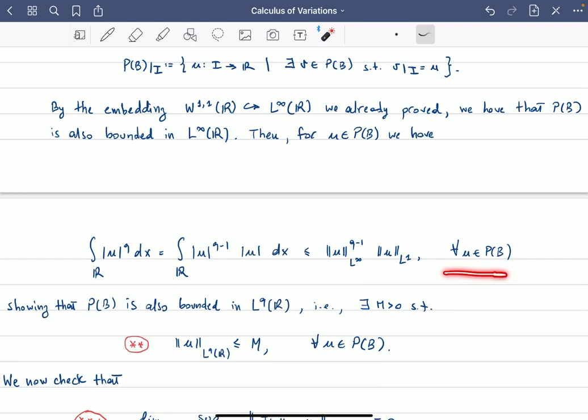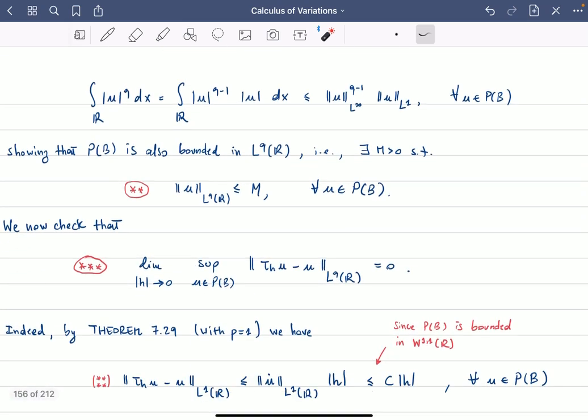We know that P of B is bounded both in L infinity and in L1, so obviously it is also bounded in LQ, meaning that there exists a constant m larger than 0 such that the Q norm of u is less or equal than m for every u in P of B.